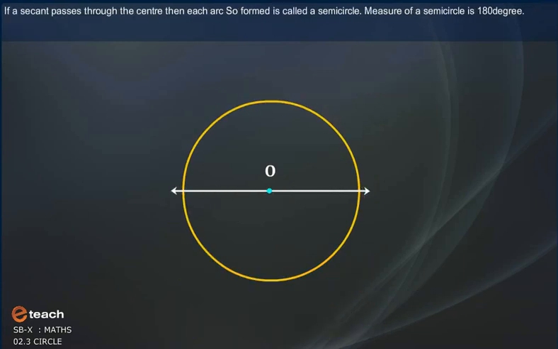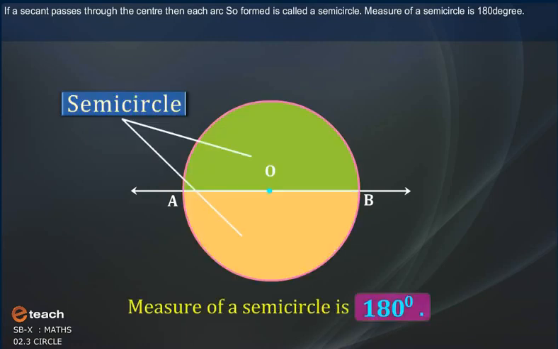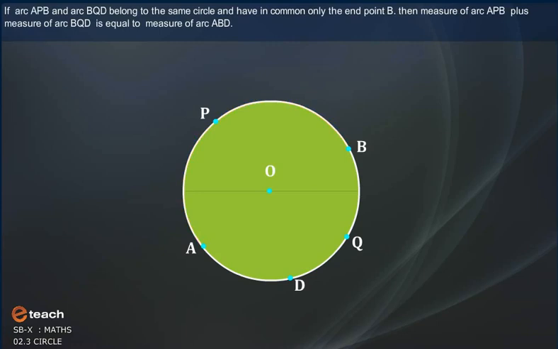If a secant passes through the center, then each arc so formed is called a semicircle. Measure of semicircle is 180 degrees. If arc APB and arc BQD belong to the same circle and have in common only the endpoint B, then measure of arc APB plus measure of arc BQD is equal to measure of arc ABD.